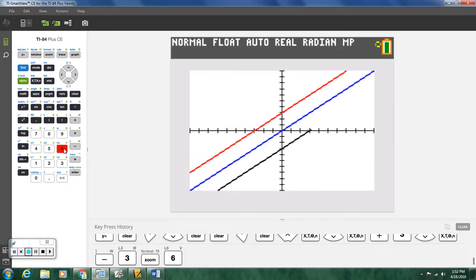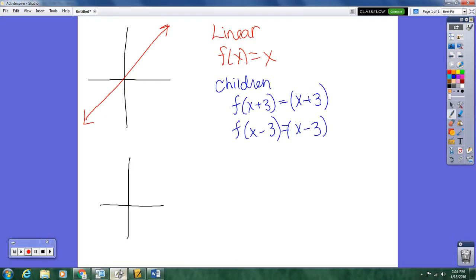So this is what yours should look like. Let's sketch it in. This blue one was our parent function, f of x equals x, going through 0, 0. The red is the x plus 3. And the olive green color is the x minus 3. I'll try to keep the same colors that are on the calculator.